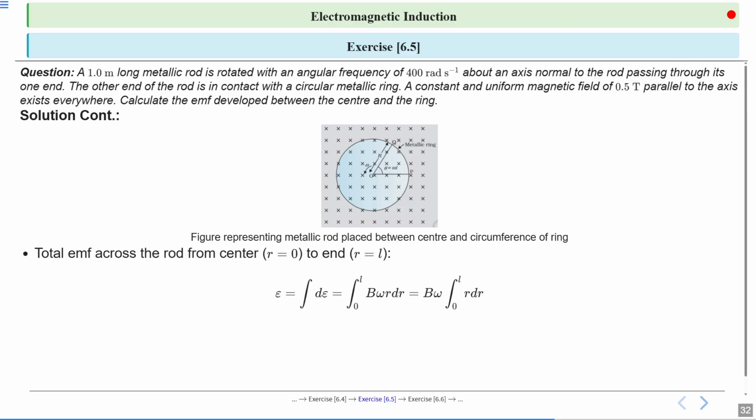The integration of r dr is r² upon 2. So ε = B ω r²/2 with limits from 0 to L. After putting in the limits, it results in ε = ½ B ω L². Now we'll put in the values and find the EMF induced in the metallic rod.